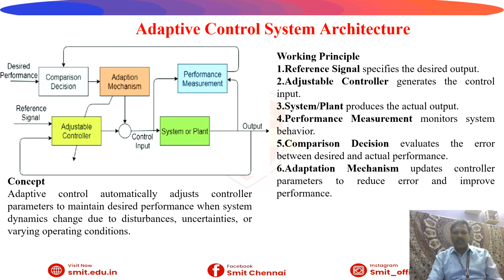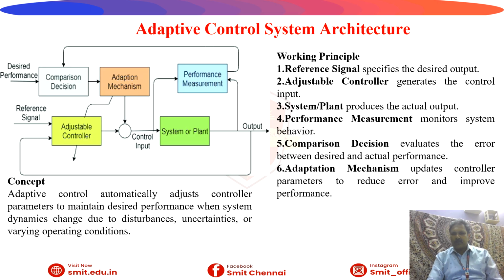Adaptive control automatically adjusts controller parameters to maintain desired performance when system dynamics change due to disturbances, uncertainties, or varying operating conditions. The working principle: we have the reference signal that specifies the desired output, that is, what output you have to attain.